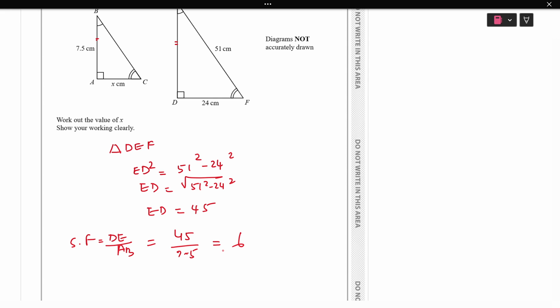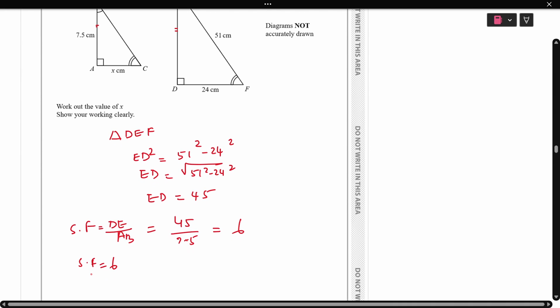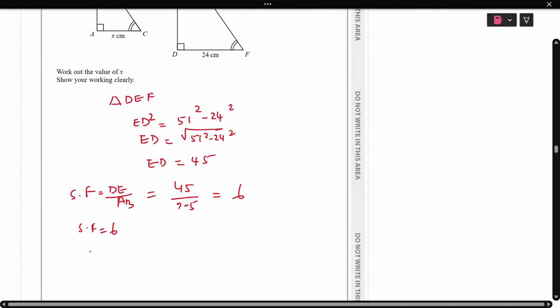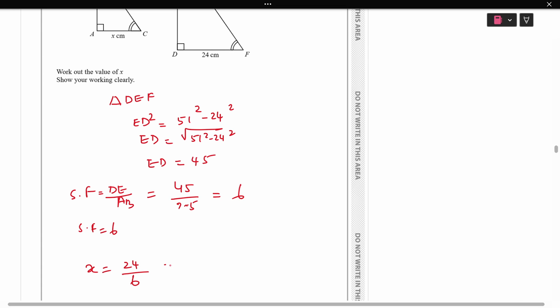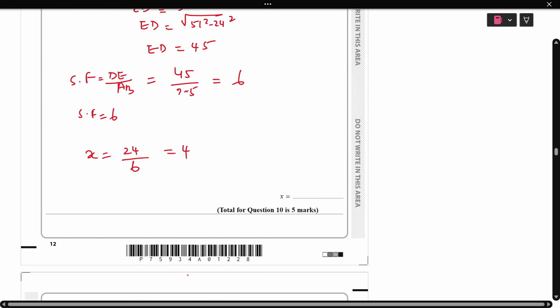So we got the scale factor is 6. Now we'll find out x. x equal to 24 over 6. So therefore x equal to 24 over 6. The answer is 4. So x equal to 4.